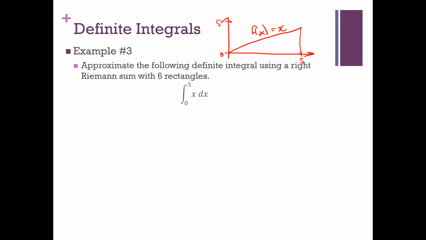So I want to use a Riemann sum. Why did I choose 6? Doesn't make any sense. Let's make it 5 rectangles. So if I want to approximate that, now we're talking Riemann summation, right? So we're talking the other language. Fill in this summation notation for me.